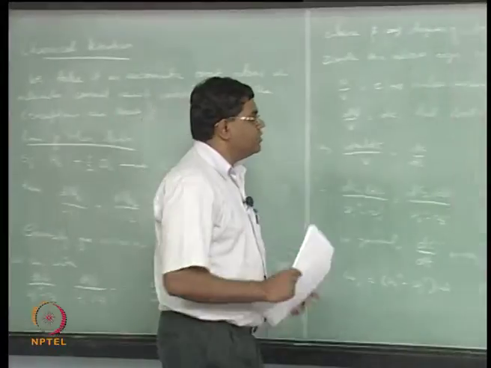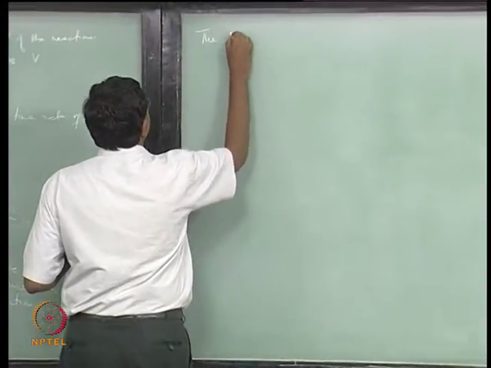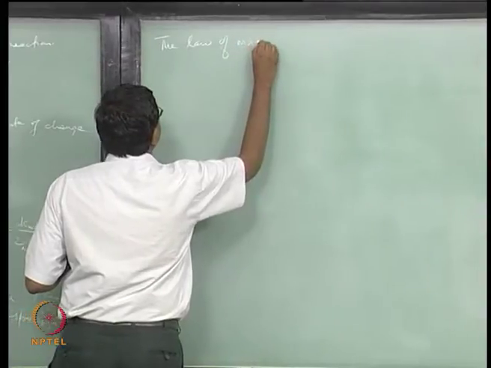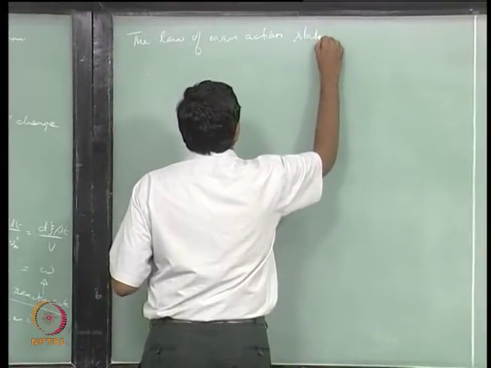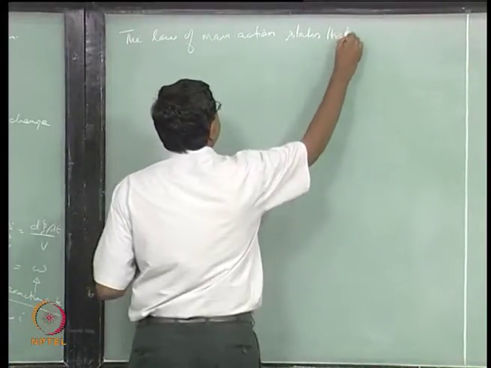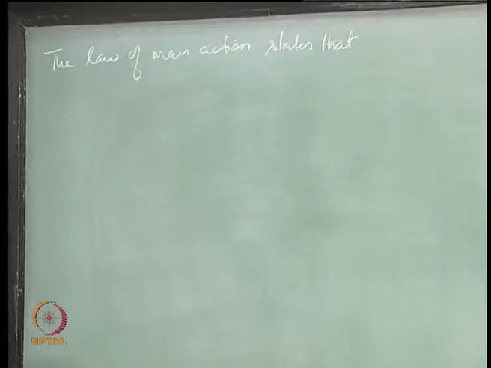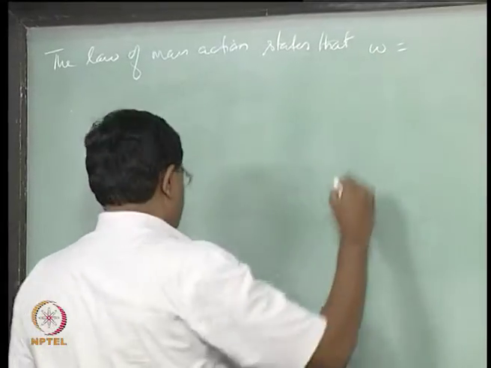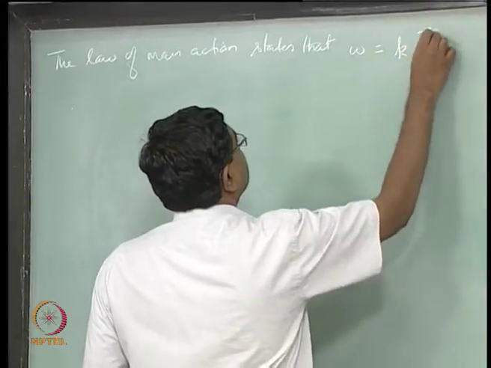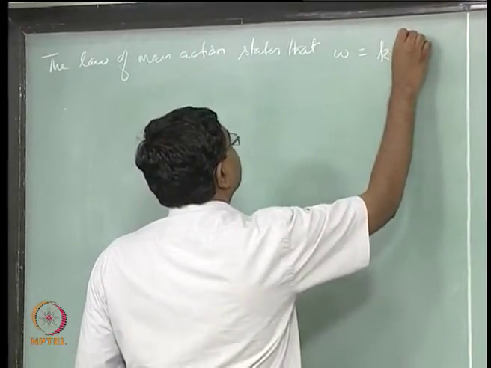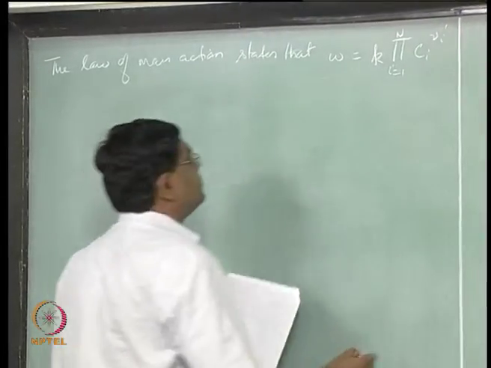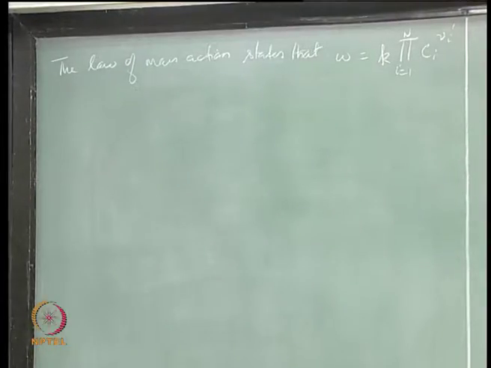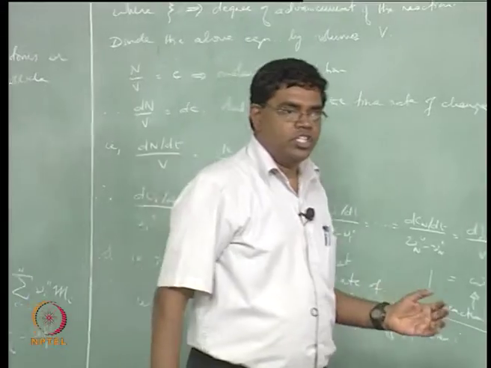The law of mass action states simply that omega is equal to k times the product over i equals 1 to n of ci to the nu I single prime. This is what you have actually learnt in high school. Now it's all put in algebraic form.